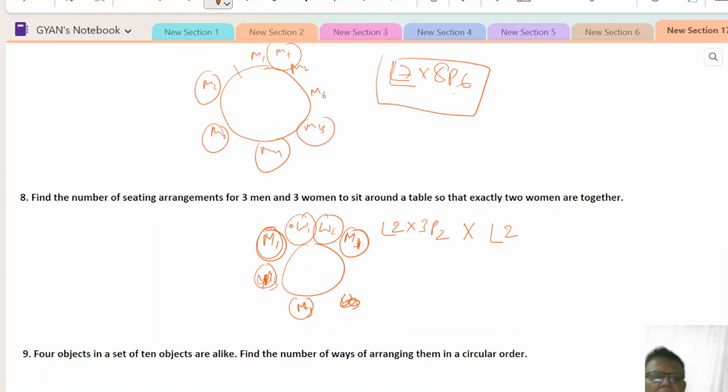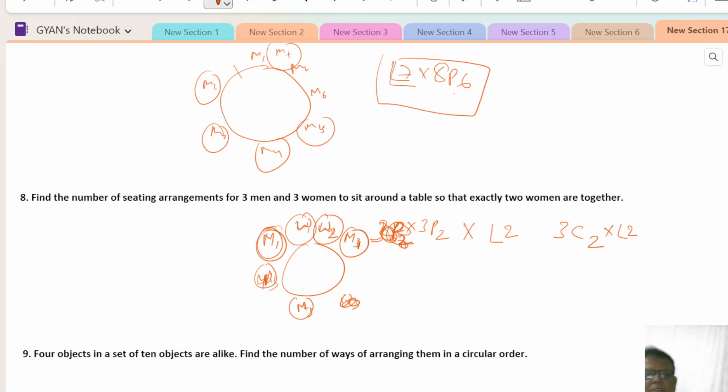So actually here, W1, W2 we are selecting. First, you do one thing: 3C2 ways. 2 you have selected, and these 2 you can arrange in factorial 2 ways. Okay.